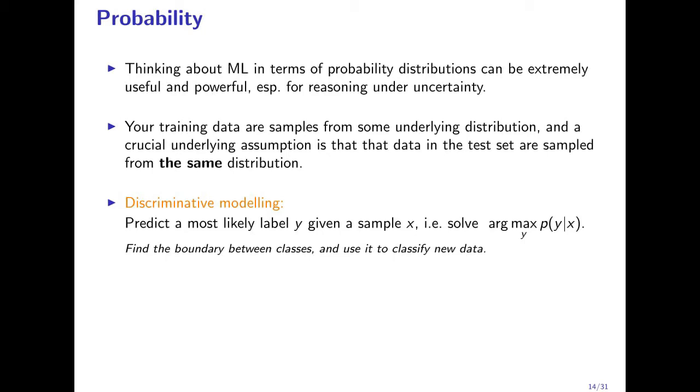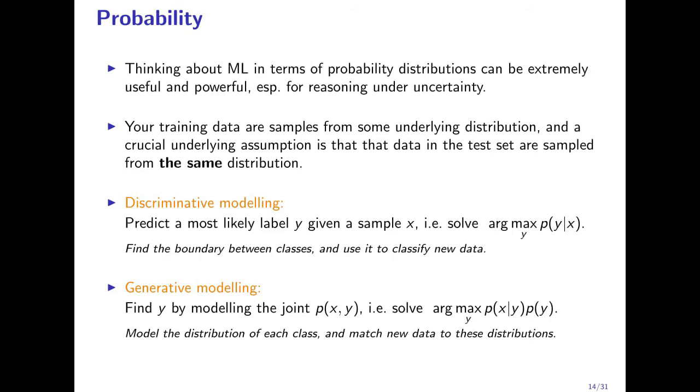So instead of directly trying to find the boundary between two classes and using that to classify new data, we're trying to model the distribution of the classes. And if we then get a new data point, in discriminative modeling, we would take our decision boundary to decide which class it belongs to. In generative modeling, we would basically take our data point and match it to our distributions of the classes and see which one gives us the highest probability. So that's kind of intuitive. Yeah. And as with many things in machine learning, it's impossible to say which one is better than the other one. There are definitely problems for which the one works better than the other.